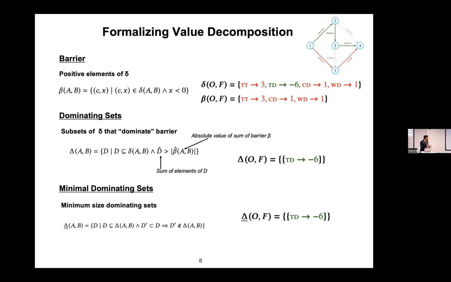The minimal set of green components which can overcome the total barrier of the red components is called a minimal dominating set. So a minimal explanation for why 1254 is better than the red path 134 is the fact that transportation delay along the foil is the reason why foil is not the shortest path.